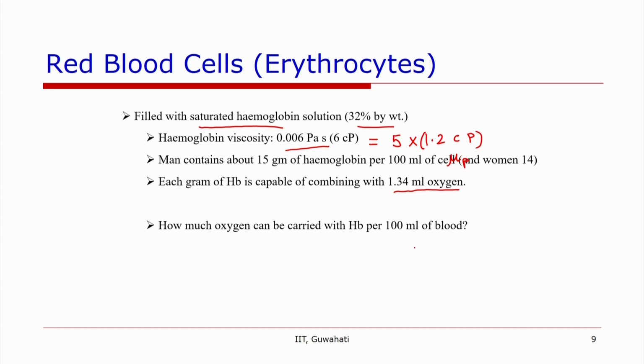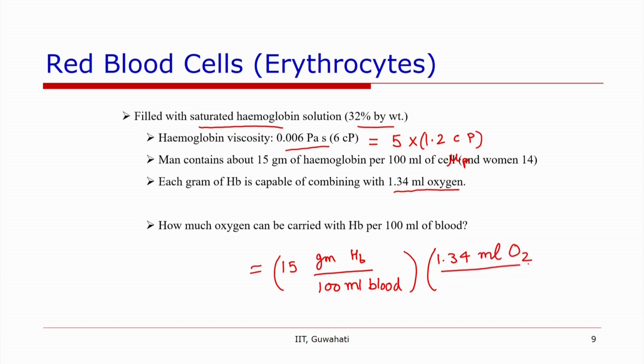We know that 100 ml of blood has 15 gram hemoglobin, and 1.34 ml oxygen can be carried by 1 gram of hemoglobin.